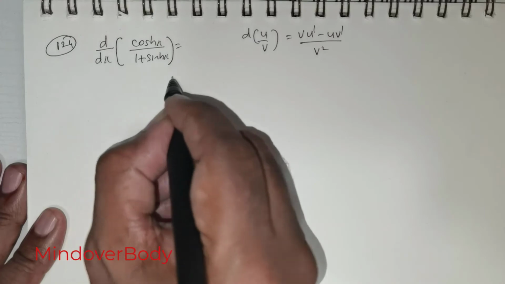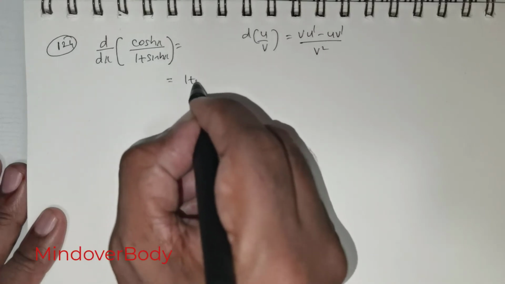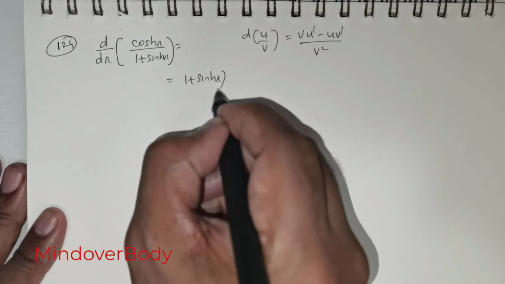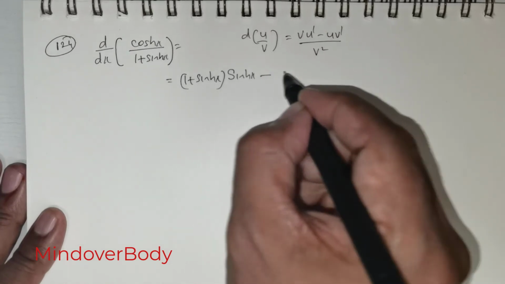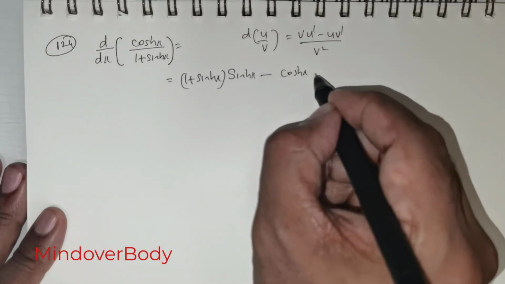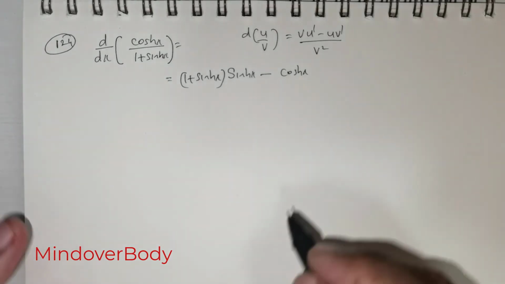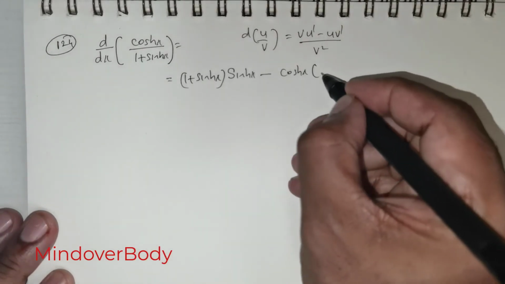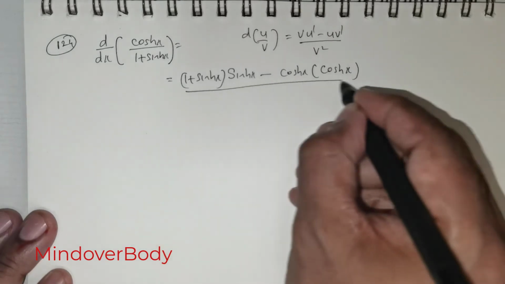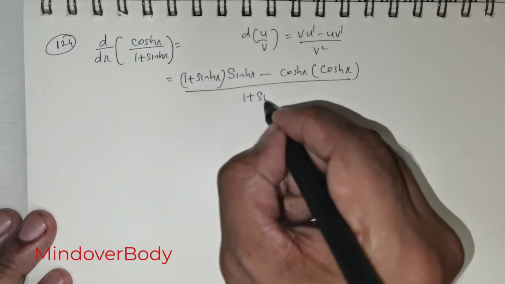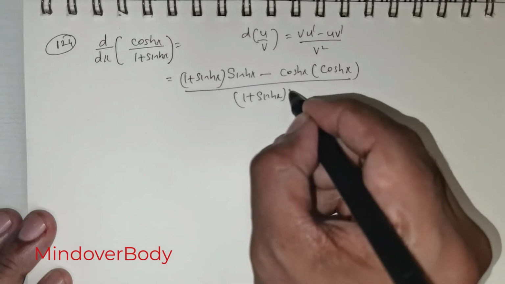So this is equal to 1 plus sinh x times differential of cosh x, which is sinh x, minus cosh x times differential of 1 plus sinh x, which gives me cosh x, divided by 1 plus sinh x raised to the power of 2.